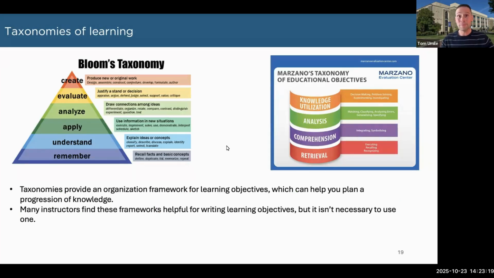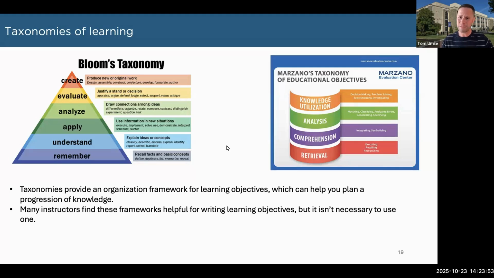Taxonomies of learning, like Bloom's or Marzano's, can be a great source of inspiration, and they can provide us with some active, specific, and measurable verbs that we can use in our learning objectives. For instance, instead of asking students to appreciate a topic or understand a topic, we might ask them to define some term, explain some theory, solve some specific problem, differentiate between two things, and so forth.